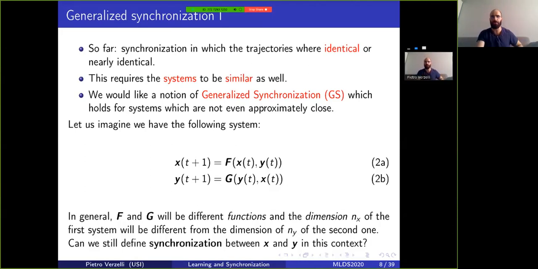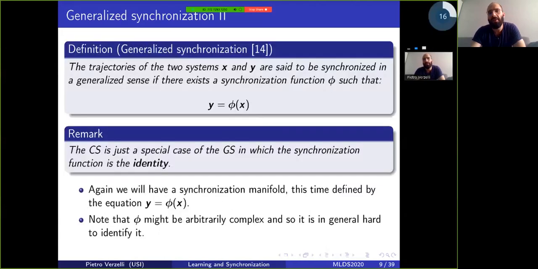Does it make sense to talk about synchronized systems which share neither the update equation nor the dimensionality? And the answer is yes, because generalized synchronization can be defined by basically generalizing the relationship that we defined before, saying that two systems are in generalized synchronization if there exists a function, a synchronization function phi, such that y can be written as a function of x.